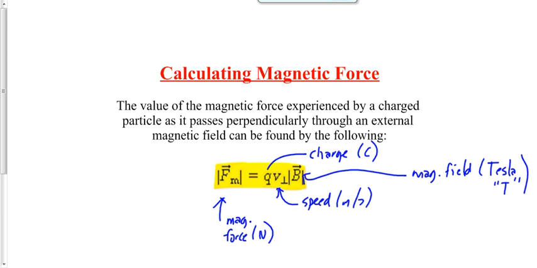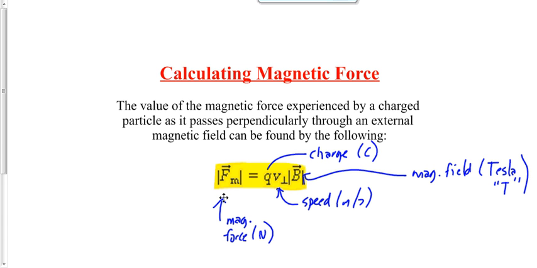There is a direction of the magnetic force, but we're not going to find out what it is from the equation. That's okay, because we can go back to the hand rule for deflection to find out what the direction of the force is. We don't need the equation for direction. We need the hand rule for direction. We need the equation for the magnitude of the force.